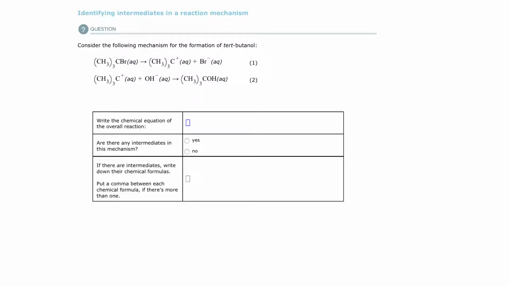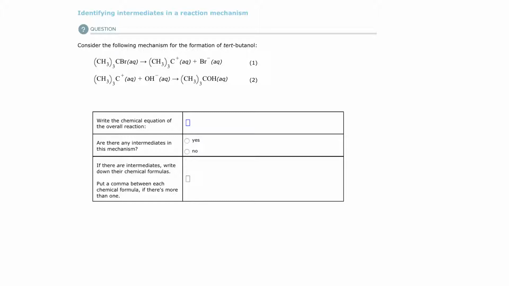Welcome back. This is an Aleks training video on identifying intermediates in a reaction mechanism. Remember that an intermediate is a temporary product in the middle of a reaction. Your reactants form some kind of temporary product, and then that product, that intermediate, is itself a reactant in a second reaction.